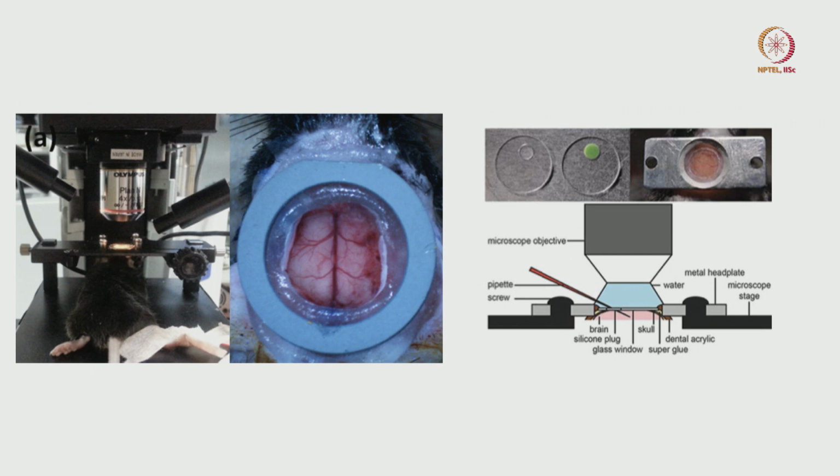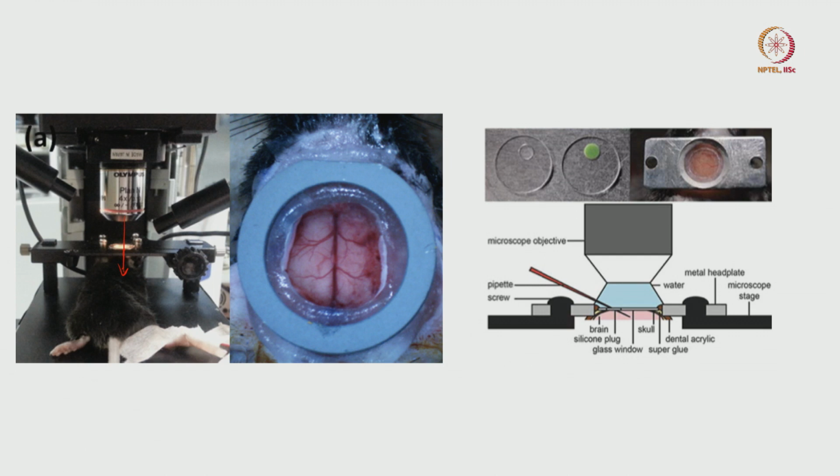You can see that once the window is created, the microscope is brought into action to see various activity, and this is 2-photon microscopy where the fluorescent dye has been used, and along the z-axis it runs, and then different layers of the rodent brain can be visualized, and then there is a readout of the calcium signaling that can happen, and you can see the fluorescent activity in the areas of the brain which are active.